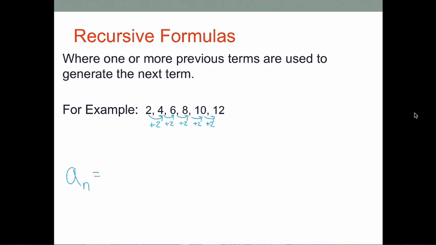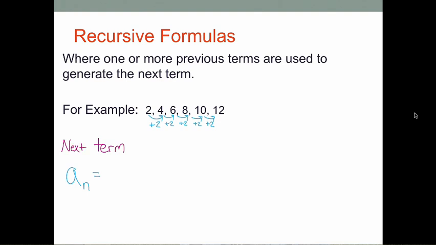Now, we can write out this in words if we want to first, and maybe I'll do that a little bit above. So if we want to find our new term, or a new number, or our next number, that's what I'll write: next number.